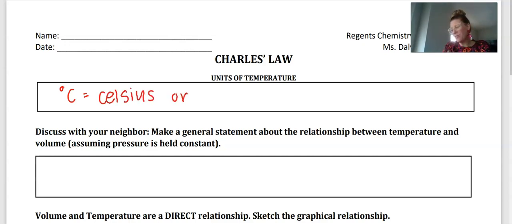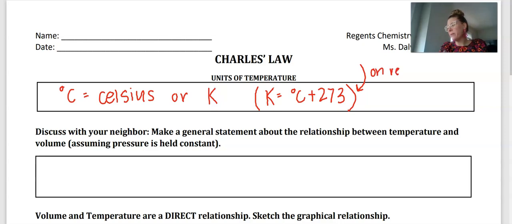Or we're going to use Kelvin. Again, it's not degrees Kelvin, it's just Kelvin. And to convert between those two, we are going to do Kelvin equals degrees Celsius plus 273. And again, this equation is on your reference table. So this is not something you need to memorize.